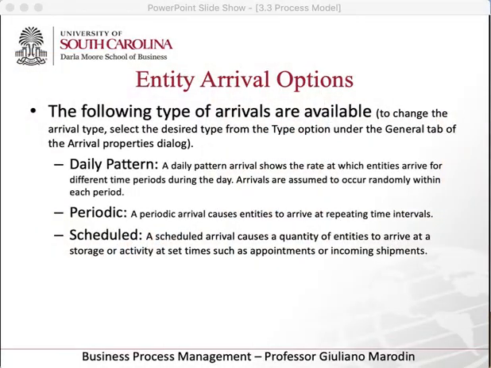So one thing we slightly talked about was the entity arrival option. So here I have some options that you can have. You can input some daily patterns. Let's say that you're trying to put a process map on Starbucks, right? You know that between, I don't know, 8 and 10, you have a lot more people coming, then you have less people coming, then you have more people coming in the afternoon.